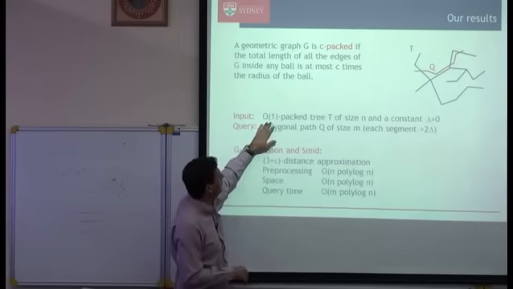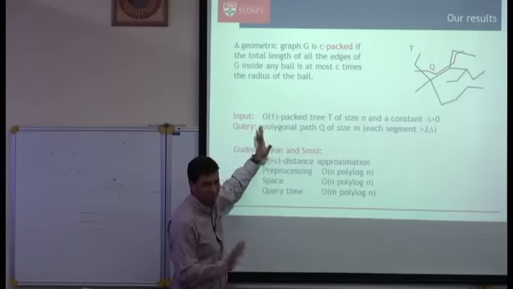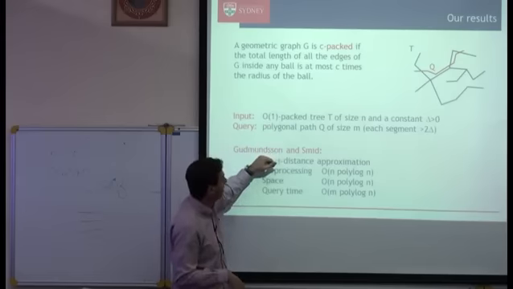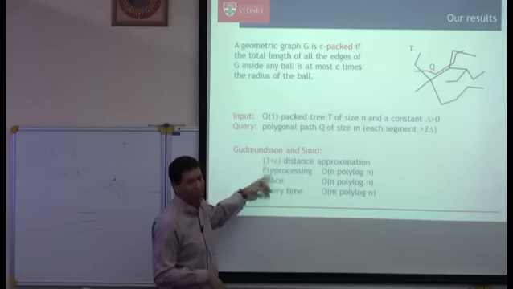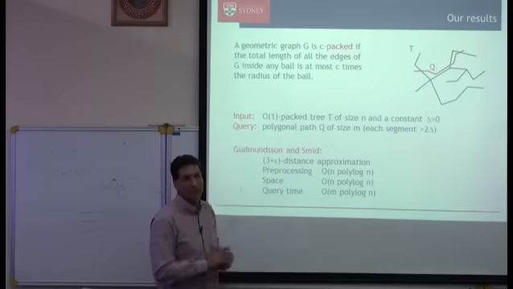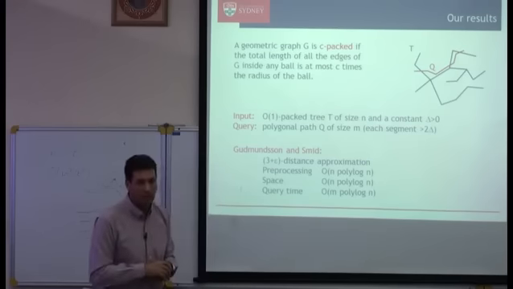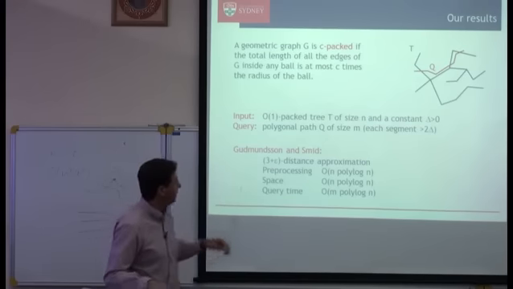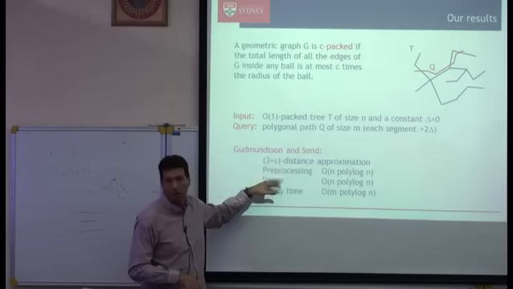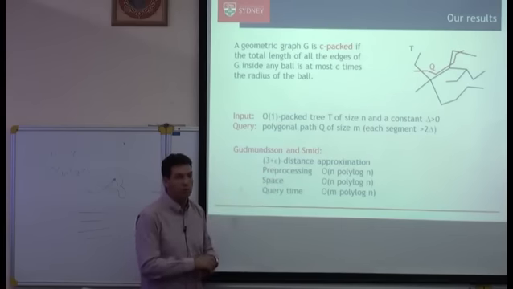If you have a c-packed tree, then you can get slightly better bounds. But this is only for c-packed trees, which is very constrained. And again, the bounds are not great. This again must be possible to improve.